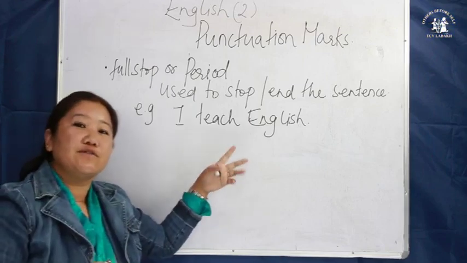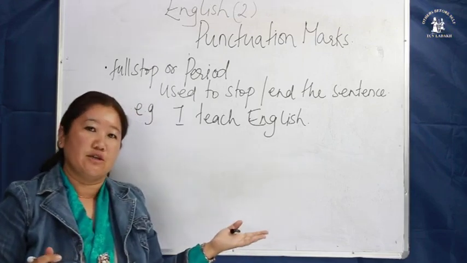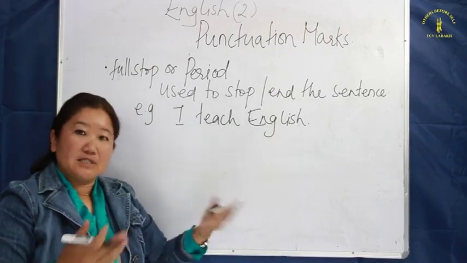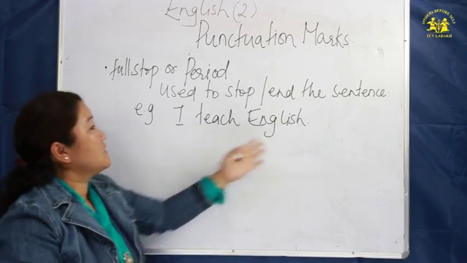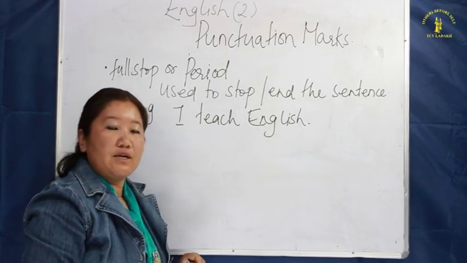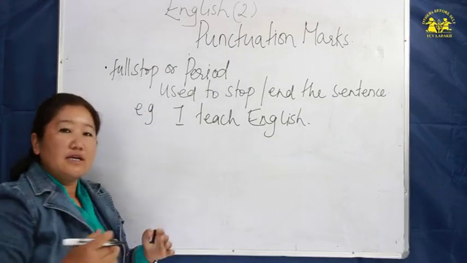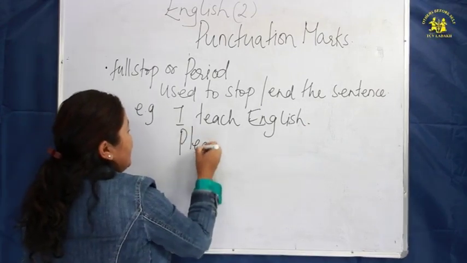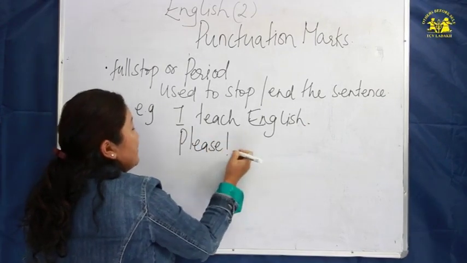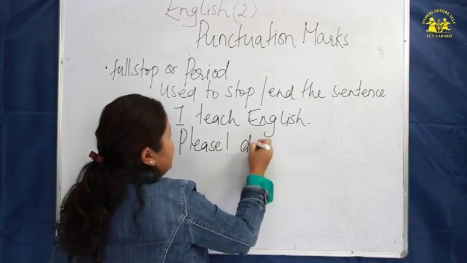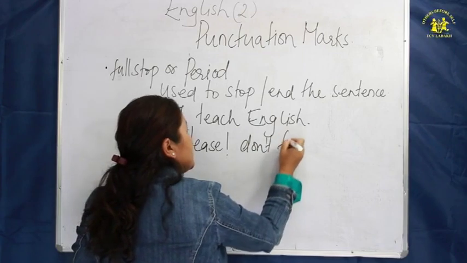Okay, this kind of sentence gives you information. It's saying that I'm teaching English, and in this sentence we use a full stop or a period. Or it can also be used in a sentence like, Please don't fight.